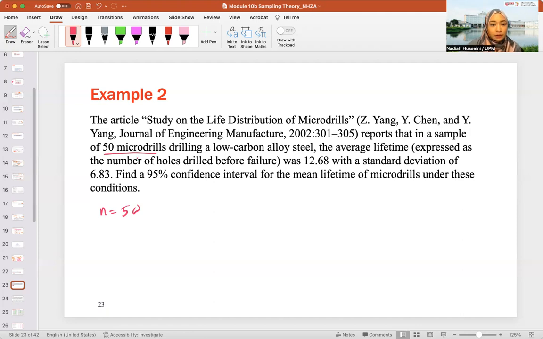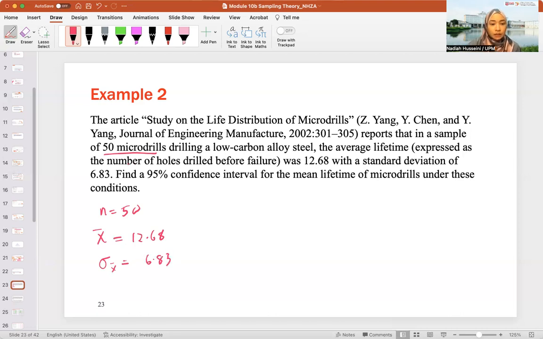Reports that in a sample of 50 microdrills drilling a low carbon alloy steel, the average lifetime was, this is our sample mean, 12.68 with a standard deviation of 6.83. So this is our sample standard deviation.